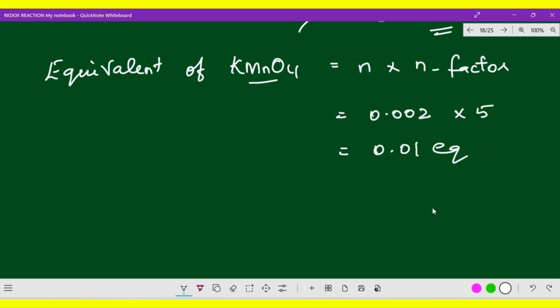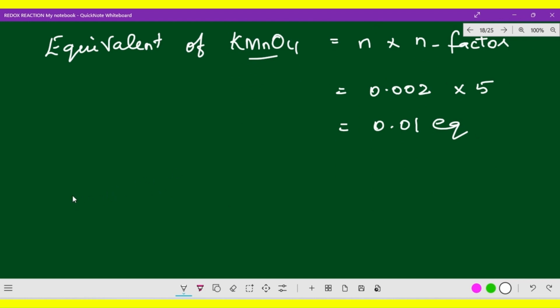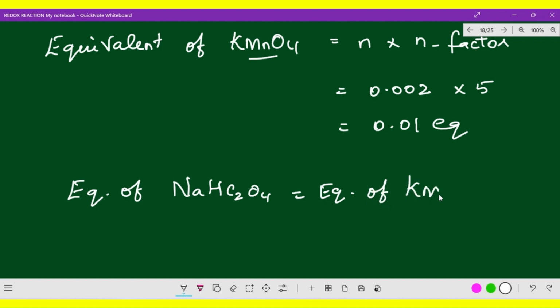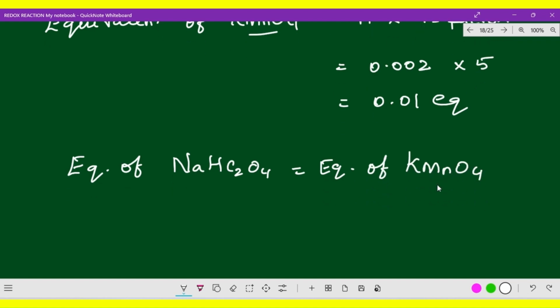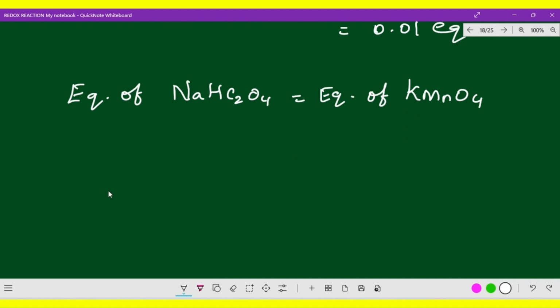And in the same way, equivalents of NaHC2O4 is equal to equivalents of KMnO4. So that is 2 and 5. Already you have known that. Okay, come on. Now the number of moles of NaHC2O4 into 2, because 2 electrons, right?